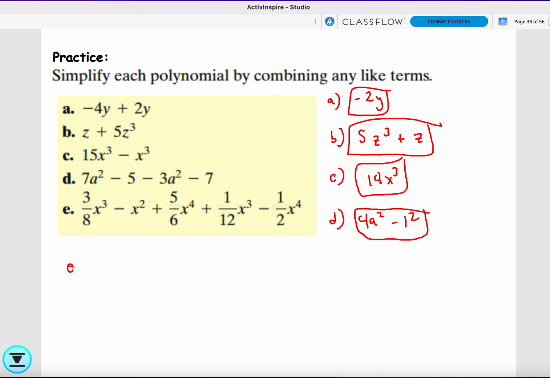And then for the E, so the LCD of 8, 6, 12, and 2 is 24. So when you multiply 24 to this, it makes it a lot nicer.